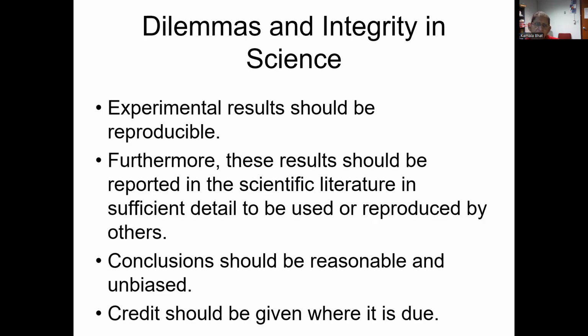One of the things about science is that experimental results should be reproducible within a limit of a small amount of error. These results should be reported in scientific literature in sufficient detail to be used or reproduced by others. Conclusions should be reasonable and unbiased, and credit should be given where it is due.